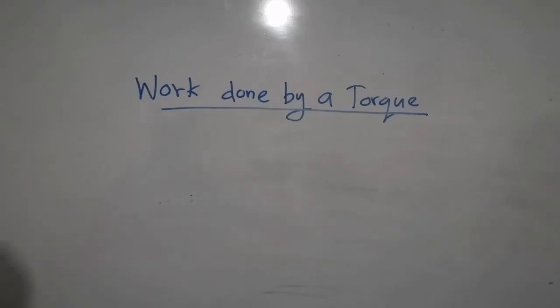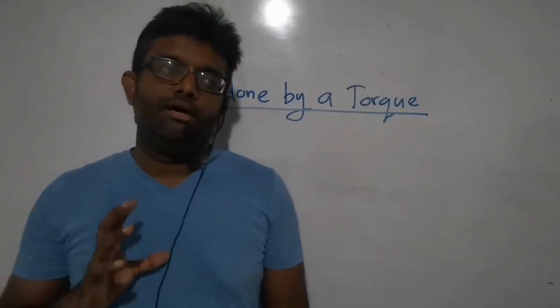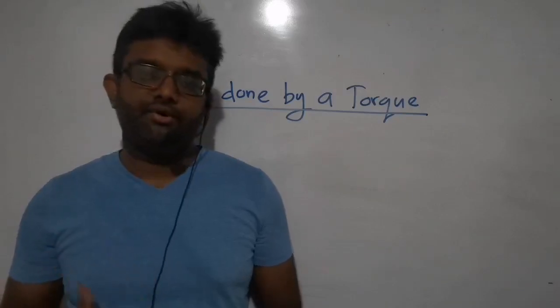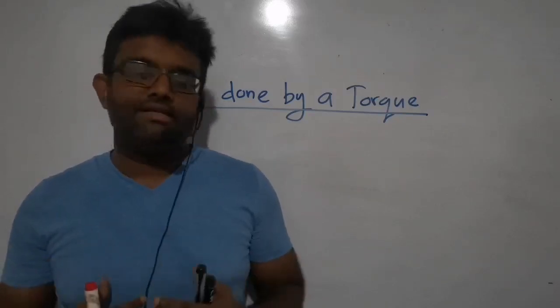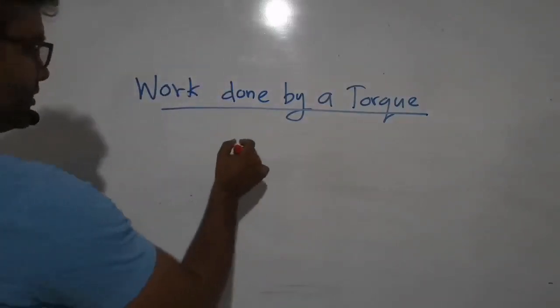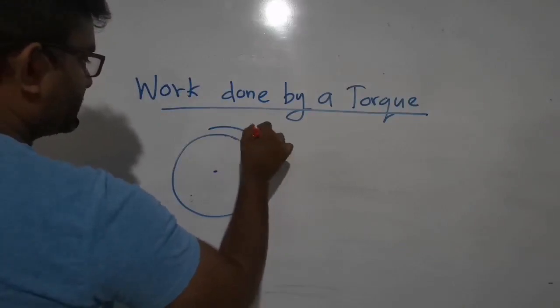Then, in linear motion we discussed the work done by a force. Likewise in rotational motion, work is done by a torque, right? Now consider this is a wheel, and an external torque is given.